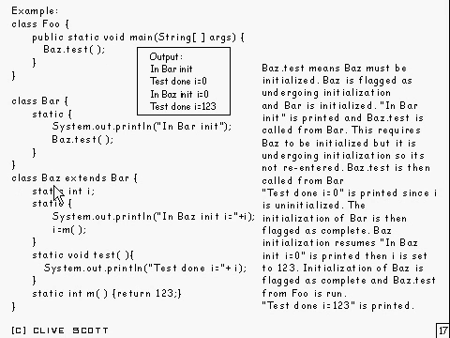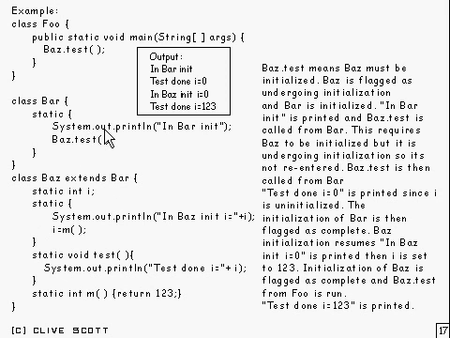Now that call is going to trigger initialization of Baz. So it will do initialization, and what it does is flag it as undergoing initialization, and it initializes the superclass Bar first. So here we are in here now, trying to initialize this first.